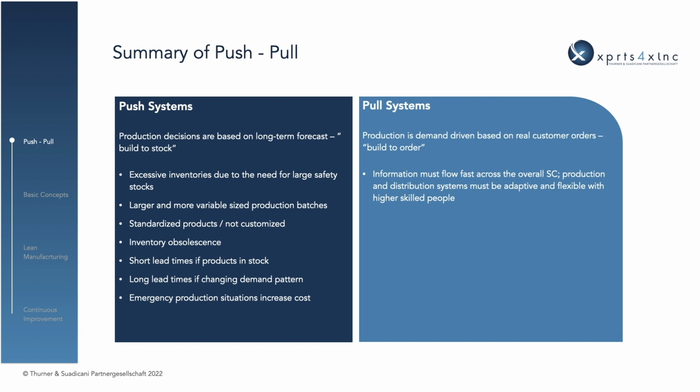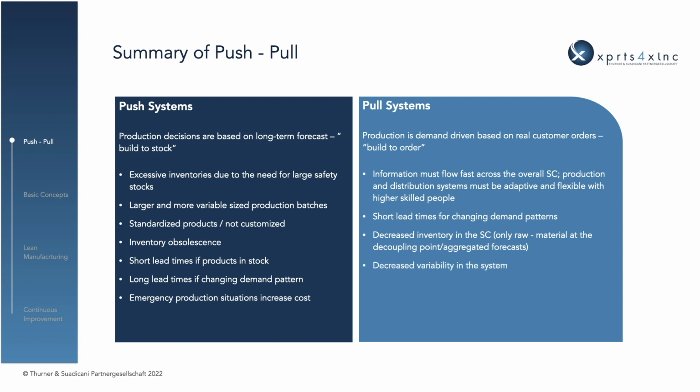Short lead times for changing demand patterns. Decreased inventory in the supply chain, only raw materials exist at the decoupling point. Decreased variability in the system. Higher customization levels. Economy of scale might not be achieved. If lead times are too long, a push-pull system is needed.